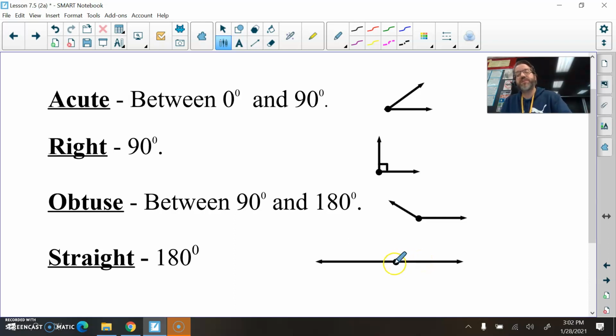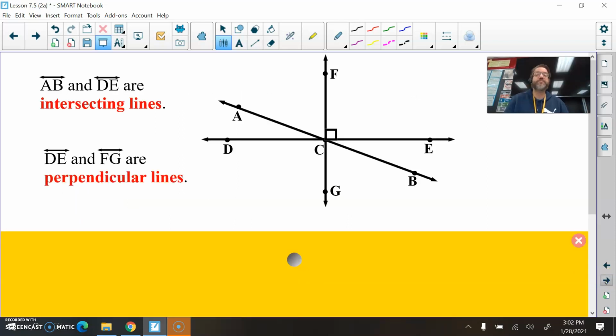Well, yes, but see this extra point right here? This is your vertex, and that's what makes this an angle. It is a 180-degree angle, which is called a straight angle. So acute angles, right angles, obtuse angles, and straight angles are the 4 types of angles.